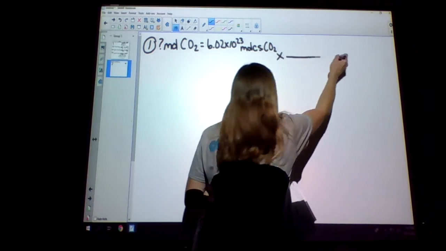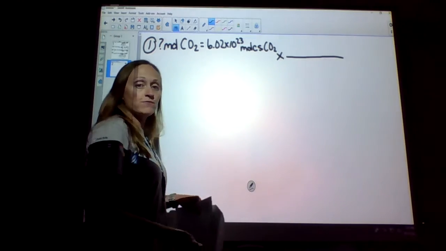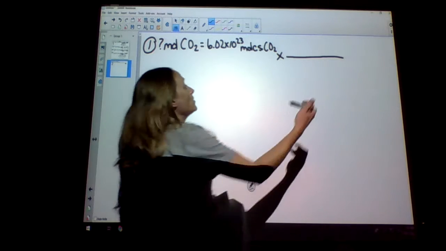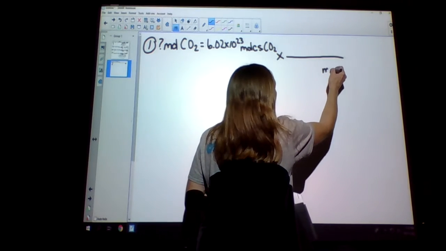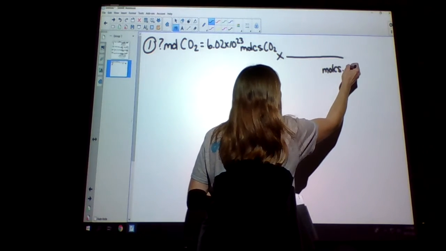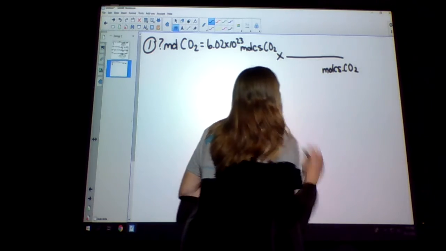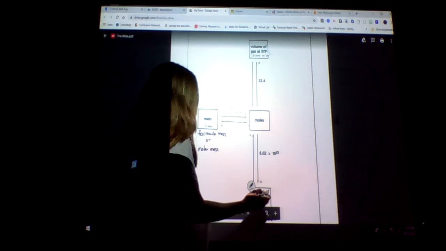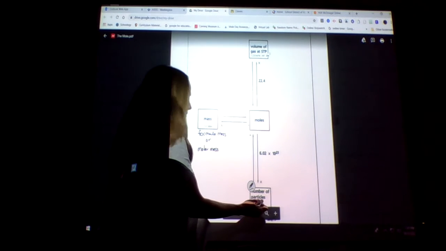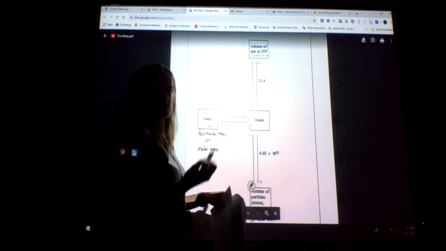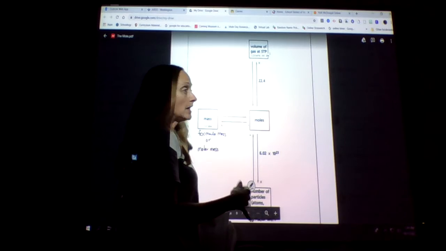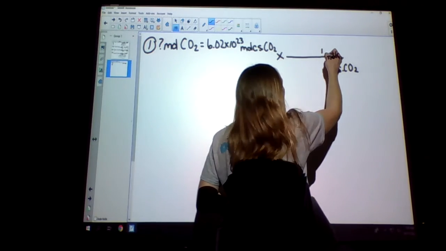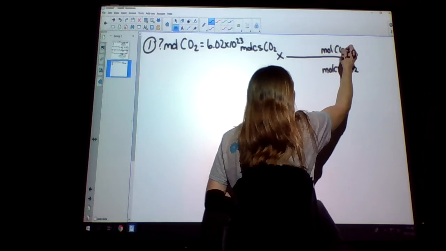Then we draw our equality. Just like before, if we want molecules to cancel like we did with atoms, we put it down here in the bottom. If we look at our mole diagram, we're starting here at molecules and we can only go to moles. So that's what we're going to put in the top of our equality, moles of CO2.